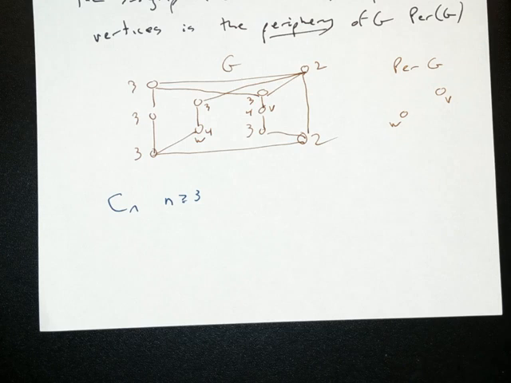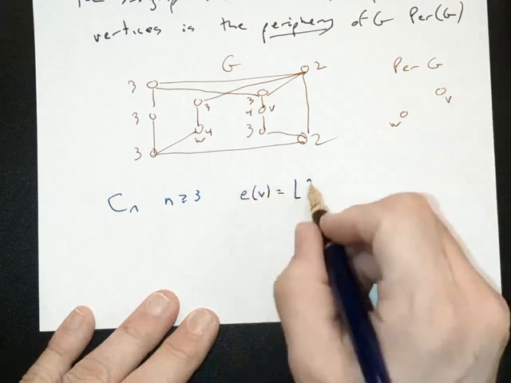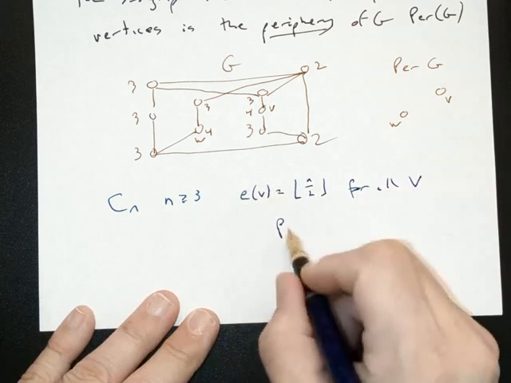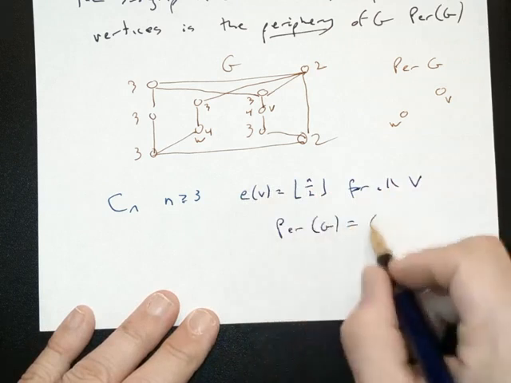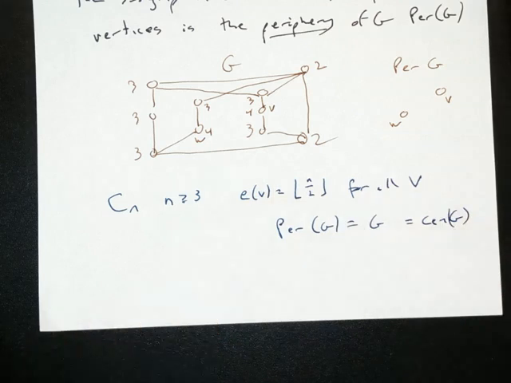Regardless of whether it's odd or even, you just round down. Wait a minute, that means that every single vertex in the cycle has the same eccentricity. What's the periphery? The whole graph. But it's also the center as well.